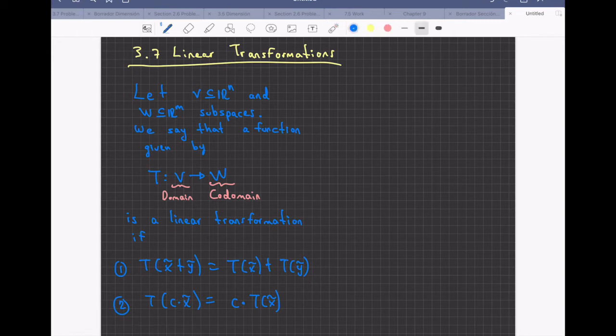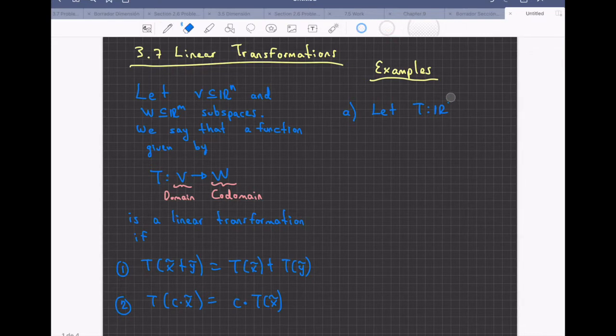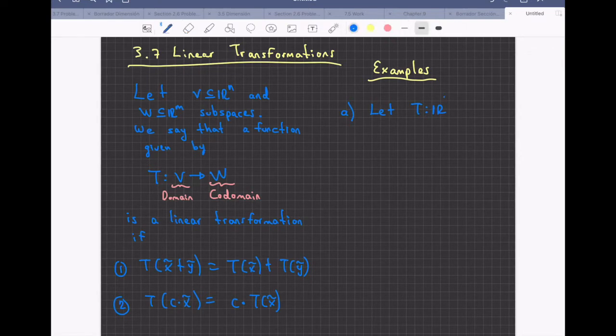Examples. Consider the transformation T that goes with domain in R2 and codomain in the same space R2.